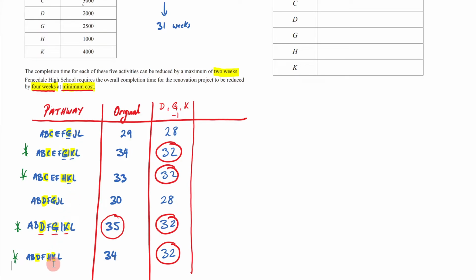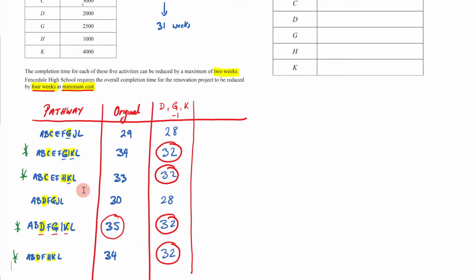Now, do they all have Ks? This has got a K in it, this has got a K in it, this has got a K in it, and this has got a K in it. Now, how much is a K? K is $4,000. That's a lot of money. If I reduce it by K, sure, they'll all come down to 31, but is that the cheapest way I can do it? Is there another way that I could reduce them all by one and it not cost me $4,000? This is where it gets tricky.